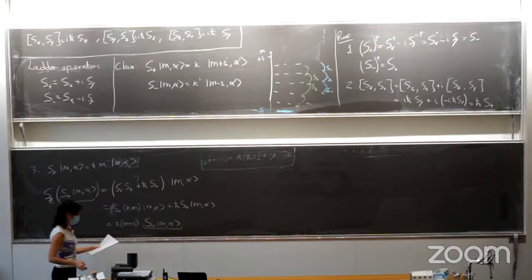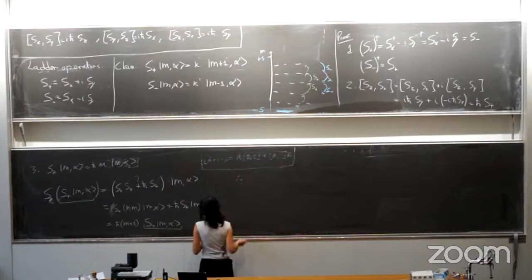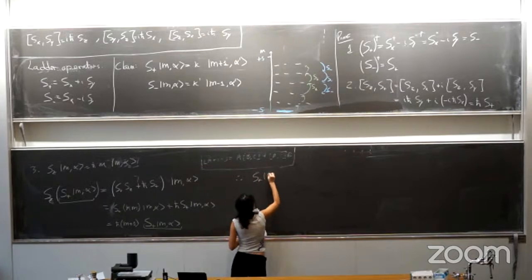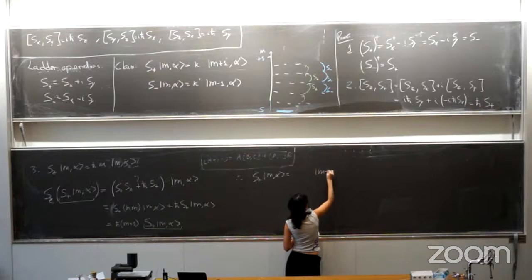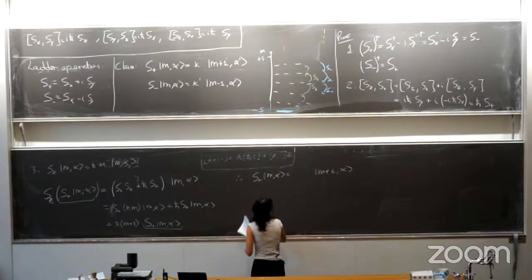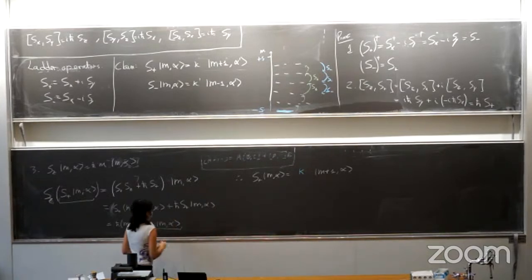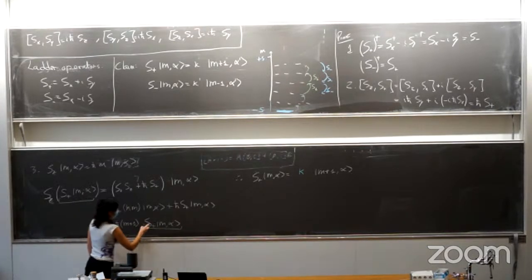And so the conclusion is that S plus |m, alpha> corresponds actually to |m plus 1, alpha>. But there could still be some constant here that is not 1. Because then that constant would appear here, but also here.